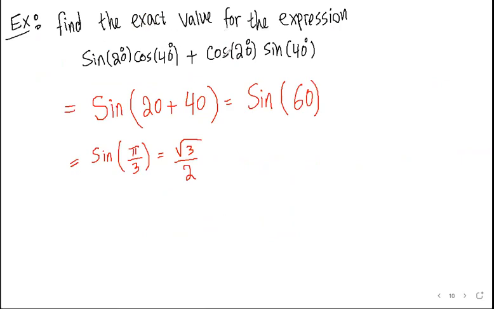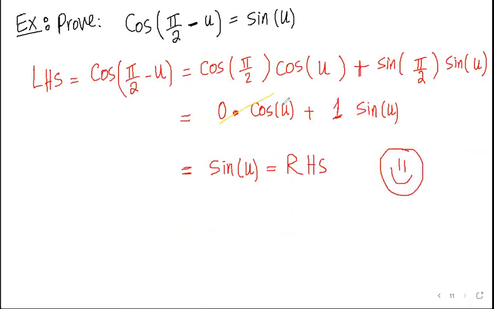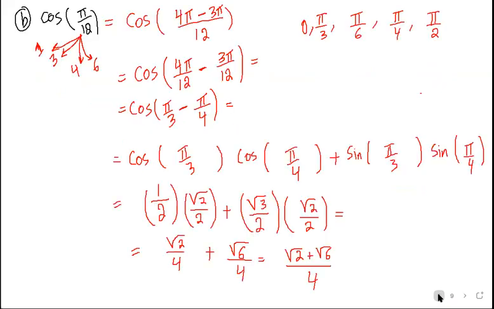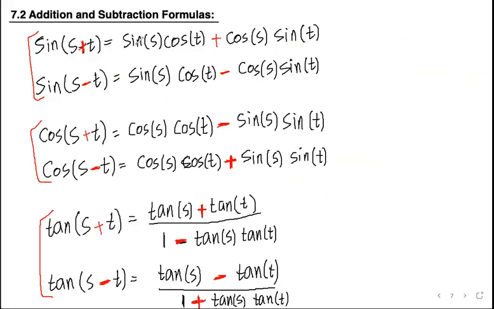Third, you have to prove something simple like this by using the formulas before: cosine of angle minus angle, using just these formulas, and you arrive at the second side. And you have to memorize all these formulas, 1, 2, 3.